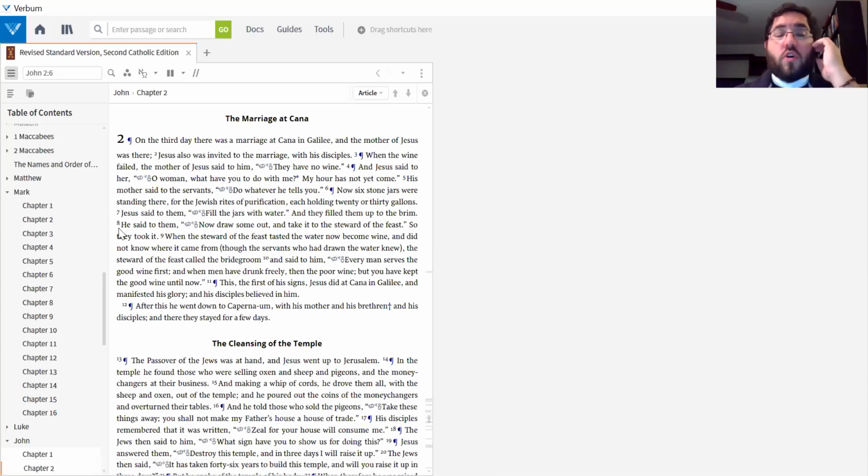And then he says, draw some out and take it to the steward. The steward is the one who is kind of in charge of distributing the goods. Sometimes it's translated as the head waiter, but steward is a good word for it as well. So right here in verse 9, we hear what happens. We already kind of hinted at what it is.